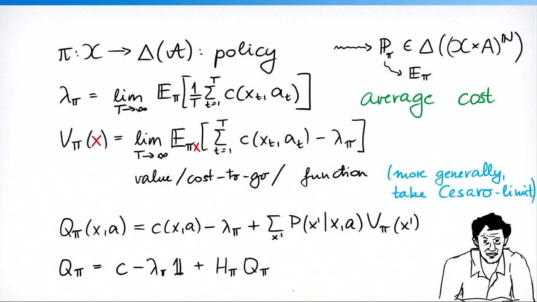And the value function, in a simple case, you just offset the cost with the average cost. If you start the system from a given state, it gives you a value. And you can make it an action value function, and they're related to the value function. The action value function satisfies an equation, which is just a linear equation in the average cost setting. Under proper conditions, you can show that this holds.